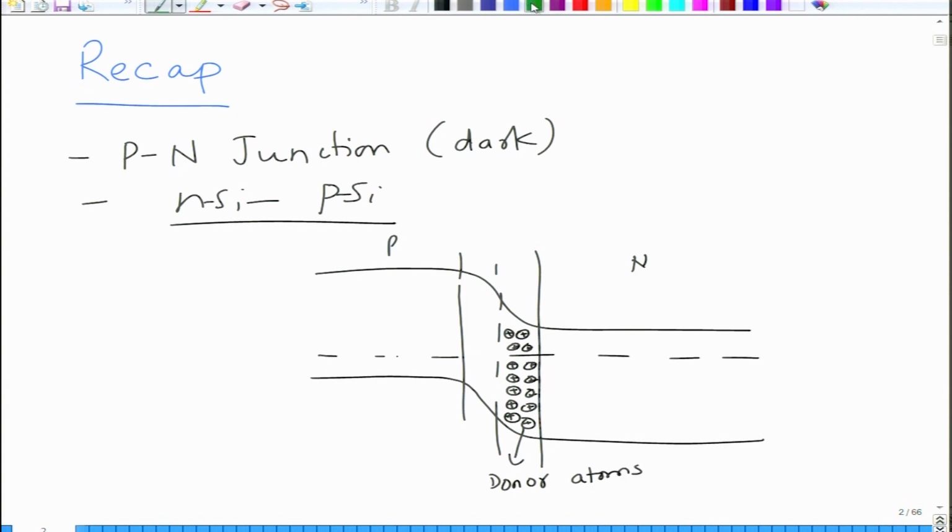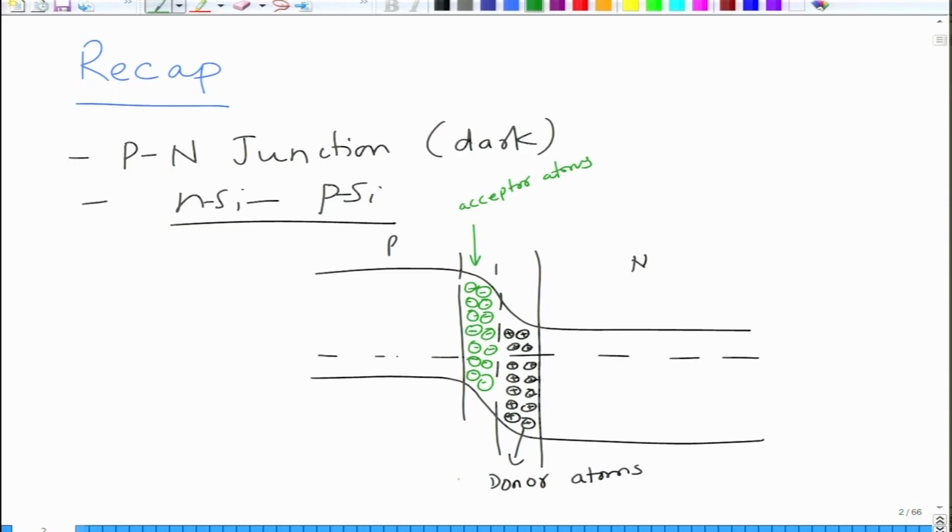And on this side you are going to have acceptor atoms. The density of these atoms, and the width of this depletion region, as we will see, will depend upon how doped the semiconductor is. Holes and electrons would have neutralized each other.